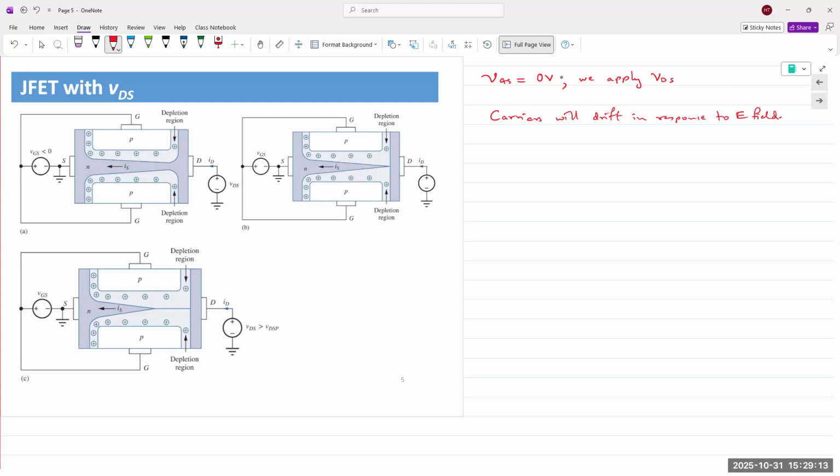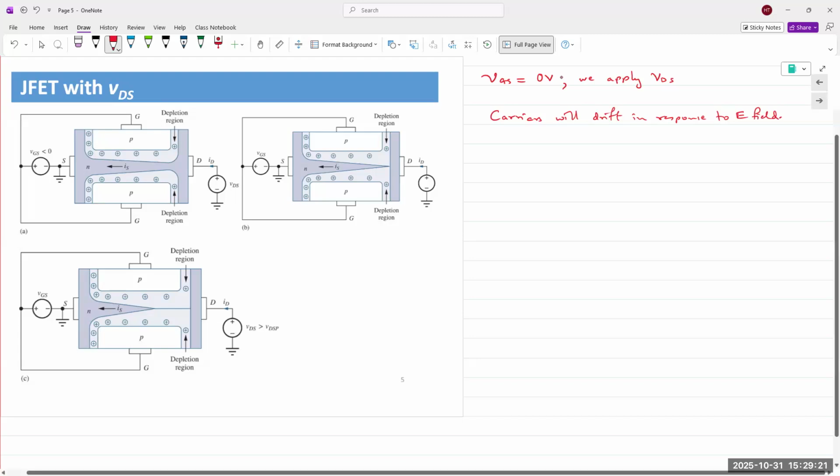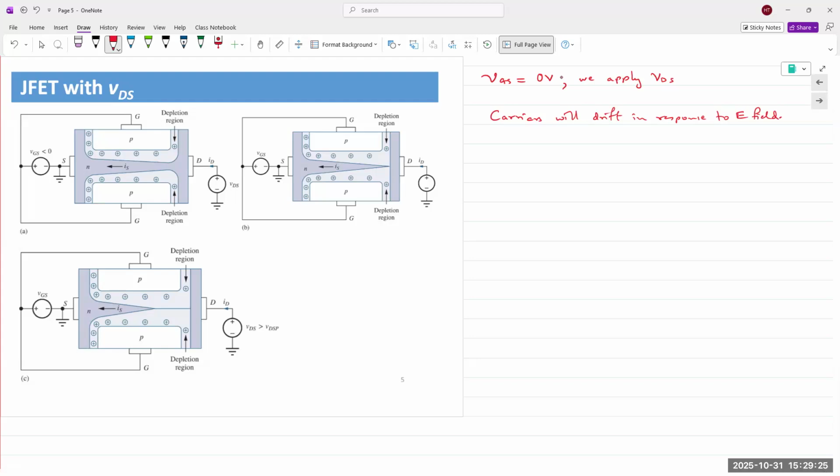Diffusion current was a result of imbalances in the doping concentrations. So at the PN junction, we have the doping or charge carrier imbalance. On one side, we have a heavy concentration of electrons. On the other side of the junction, there is a low concentration of electrons. And so the electrons will diffuse through the junction in an effort to balance out the charge distribution. That was diffusion.